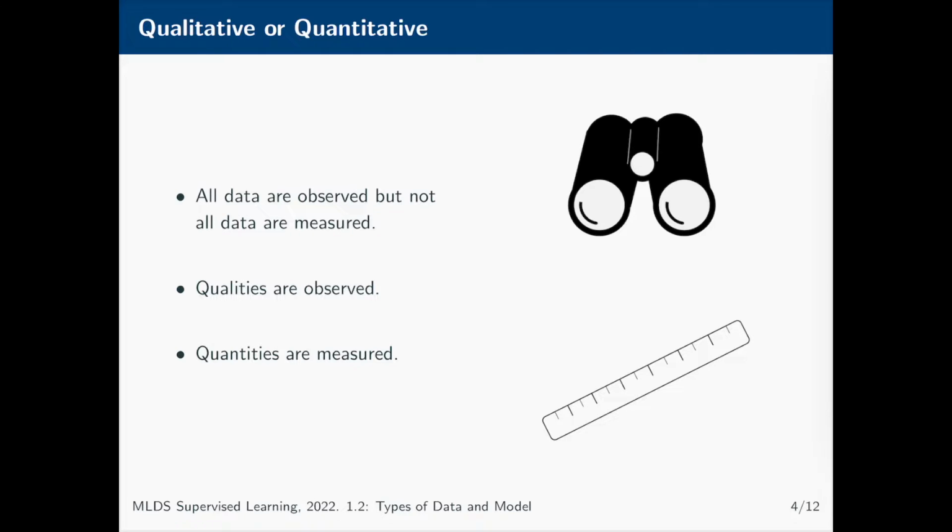And it's this measuring property that is unique to quantitative data. Qualities of an object are observed, while specific quantities are measured. So for example, somebody's height or their BMI might be a quantity that we measure. However, their responses in a survey are generally qualitative. For example, a free response answer within a survey.